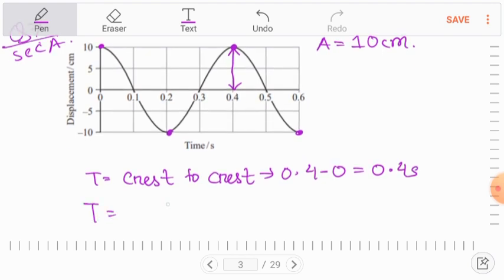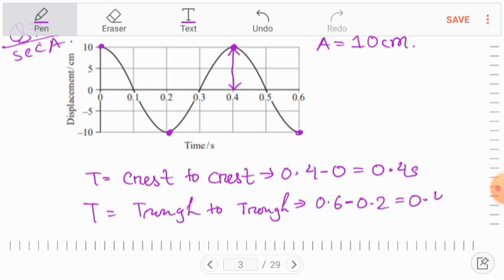From trough to trough, it is 0.6 minus 0.2, which gives 0.4 seconds again. So the time period shown in this graph is 0.4 seconds and not 0.2 seconds. So option C is also not the correct answer for question number 7.